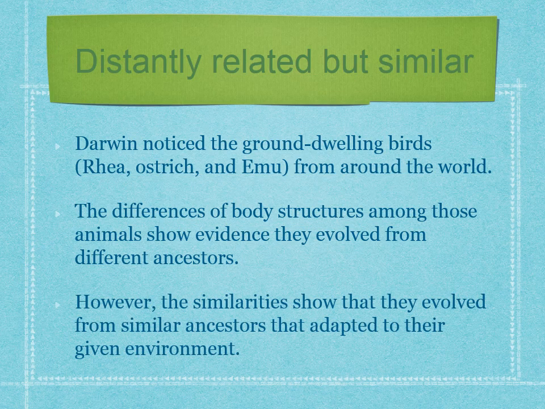However, some of the similarities show that they evolved from a similar ancestor further back that adapted to that given environment. Essentially, what Darwin said is that their relatively early ancestors are more related than the ones that came later on. So we're actually seeing different branches of evolution happen here.